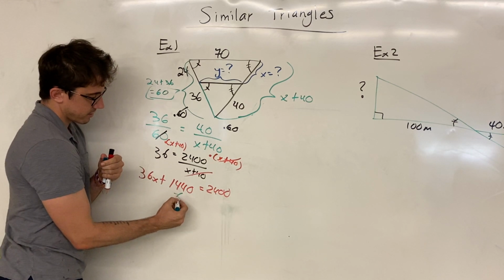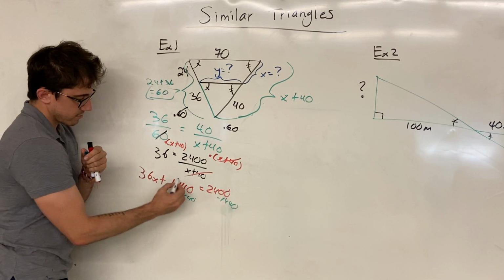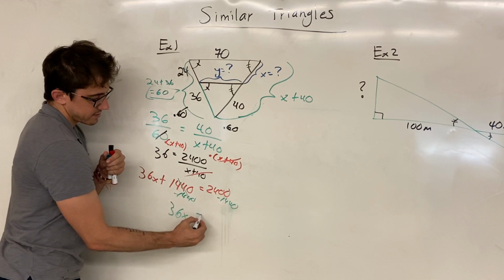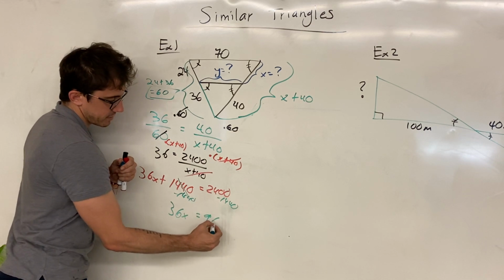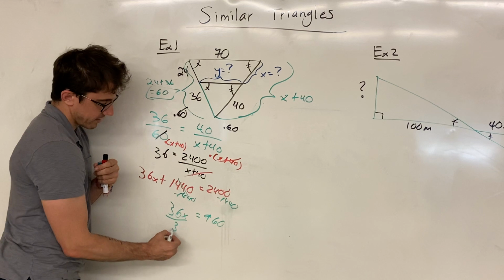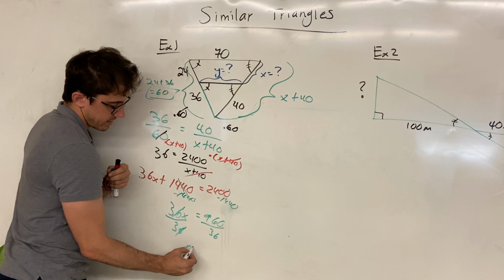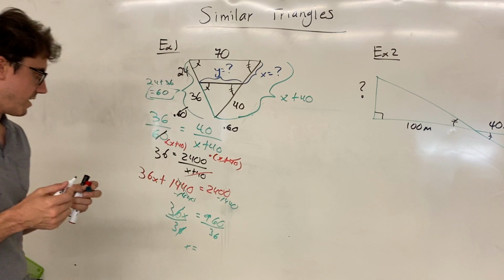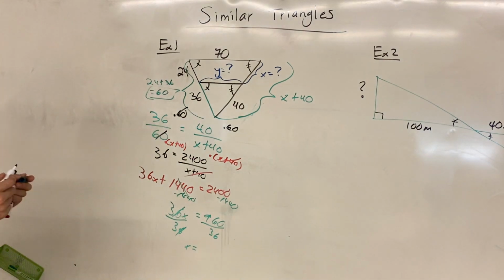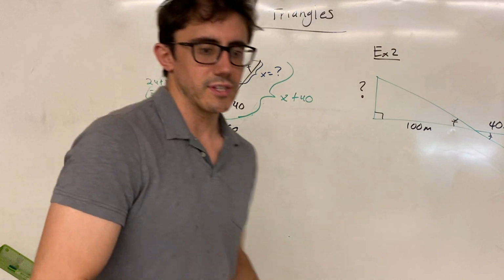So subtract 1440 from both sides, and we have that 36x is equal to 960, and then dividing by 36 on both sides, we get that x has a value of... You might need a calculator for this one.